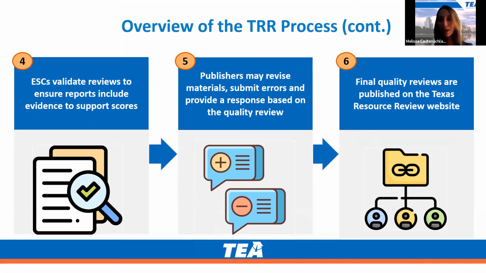Once that appeals process is complete, those reports are published on our Texas Resource Review site, and they're available for public use. And I'm going to spend some time talking through some reports in just a minute. So if you'll just hold on, I want to make sure that I'm explaining more about the rubric so that you understand how we get to those reports.